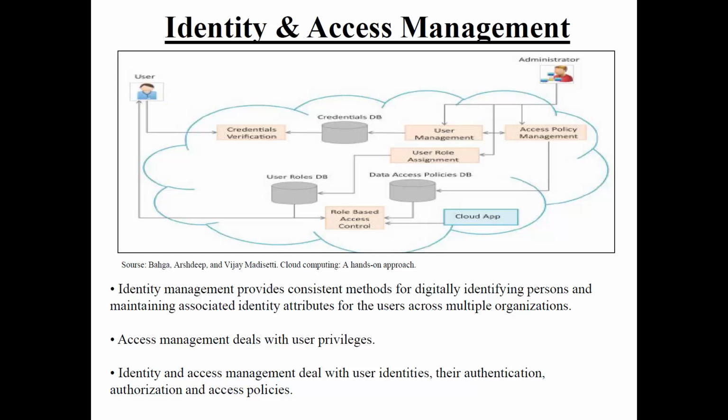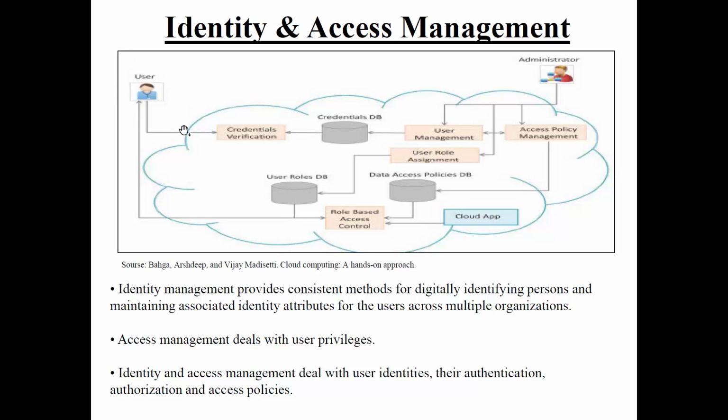So let us look at this example here. It shows an example of a role-based access control framework in the cloud. If a user who wants to access an application in the cloud is required to send his or her data to the system administrator, who assigns the permission and access control policies which are stored in the user role and data access policy database.